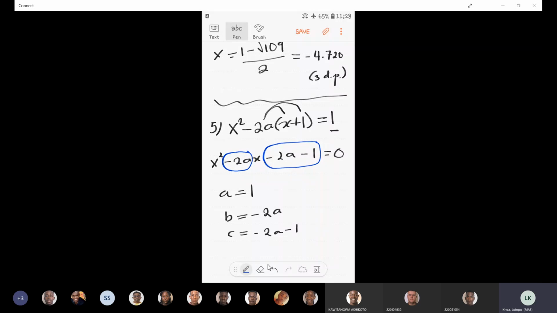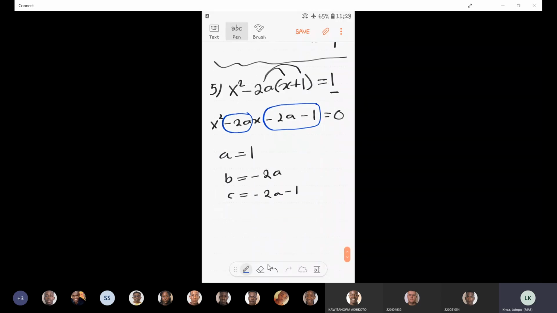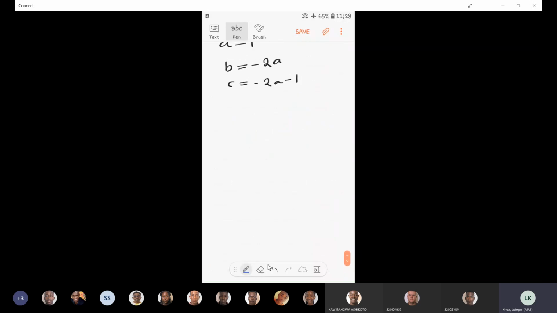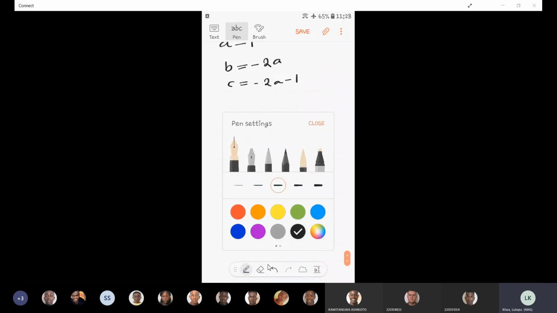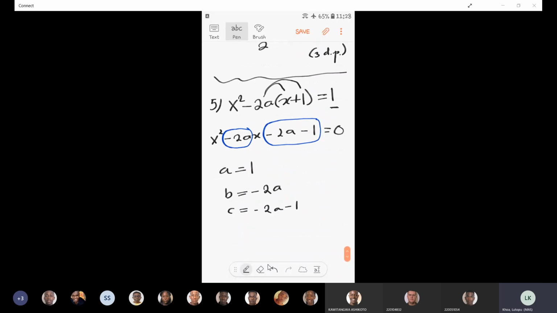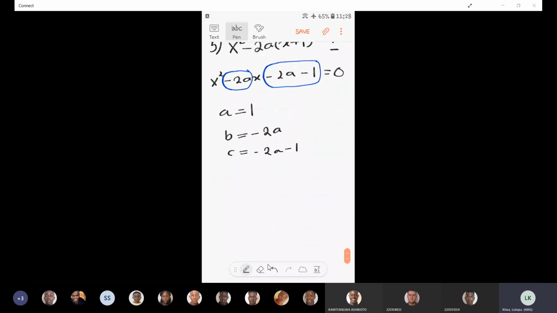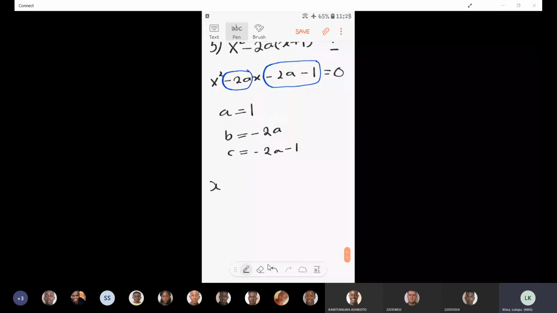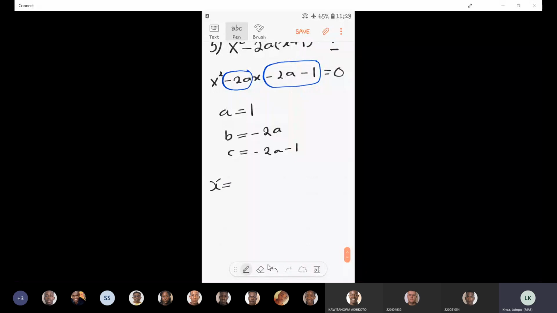Okay, then I would substitute them into the equation the way we normally do. So I don't have much space here, but I will try and write it as much as possible. So here we will say that x is equal to minus b. So this is negative of negative 2a. And then plus or minus, I'll put the big square root here.